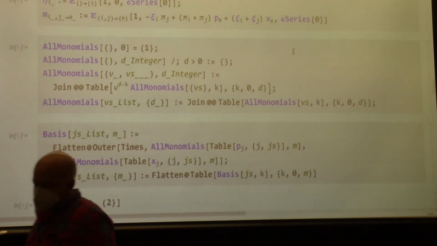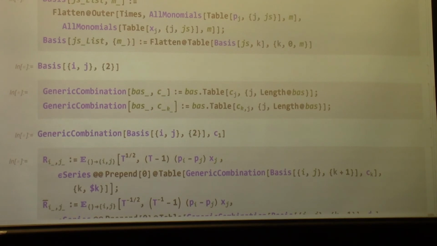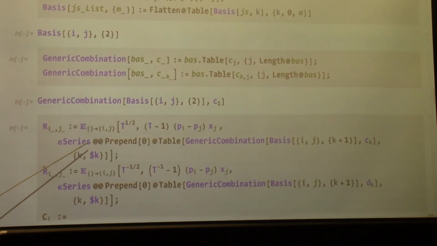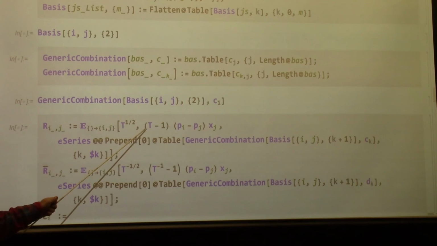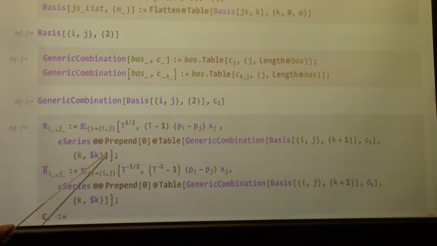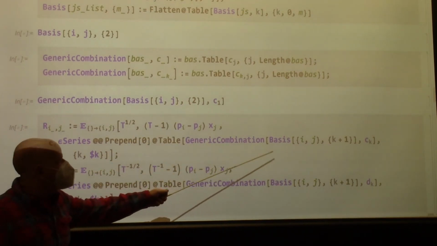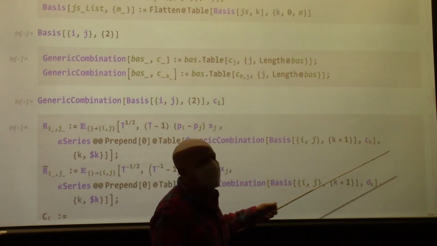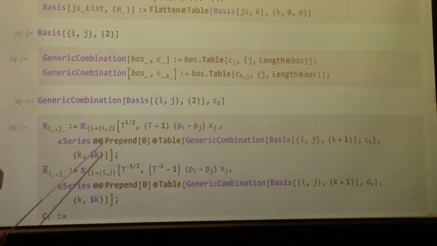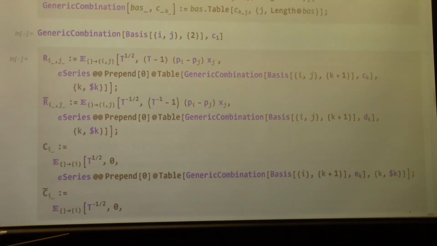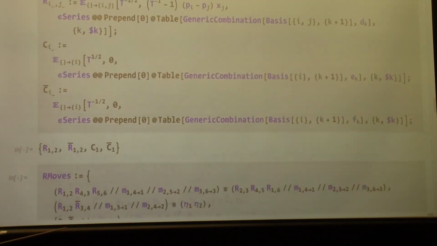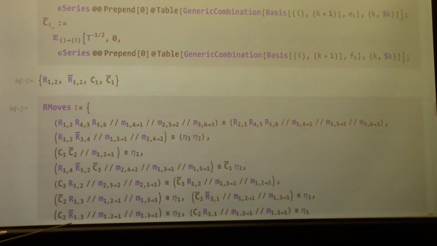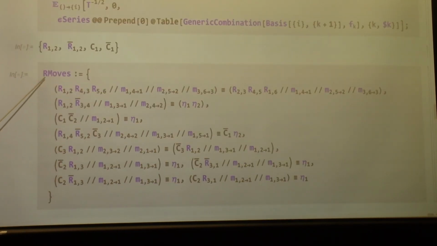And then I set R to be the original R, to which I add generic combinations with coefficients Ck of all docile polynomials. The details will come later. And then I write all the Reidemeister moves.